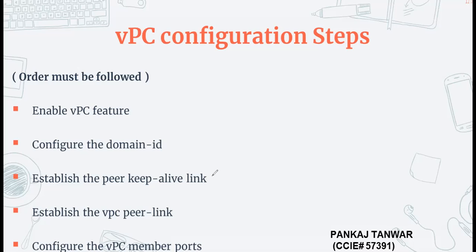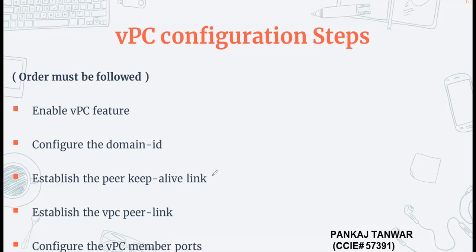If you have the connectivity, then your VPC peer keep alive link is going to come up no matter how you make them up, be it with the SVIs or with layer 3 links, or maybe you have some WAN connection over which you are doing some kind of routing.